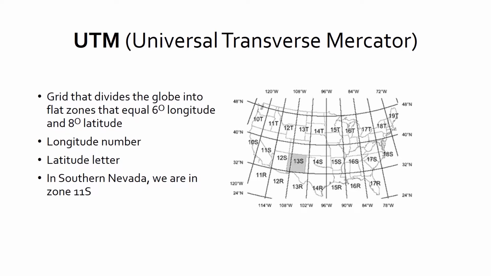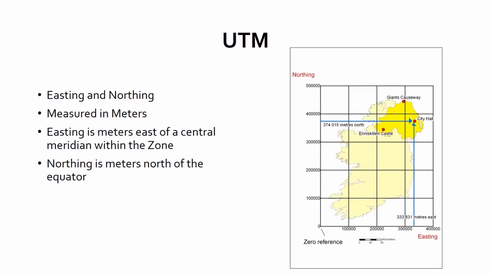And so what happens is when you break it down into that zone, which is 11S, you can kind of sink a battleship by using it. So the 0 for easting occurs on the line for the number 11, and then the northing begins at the equator. And it's all measured in meters.